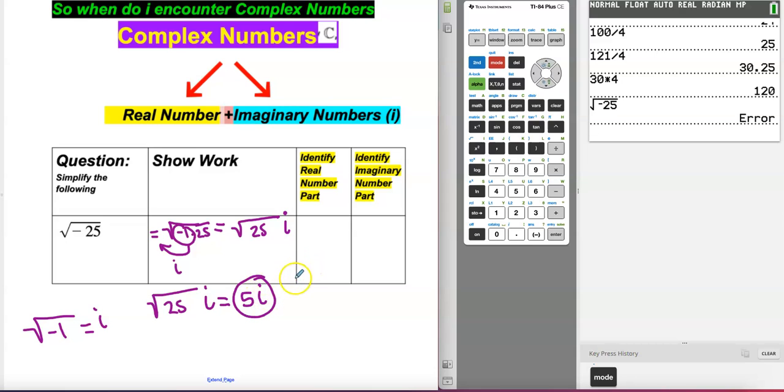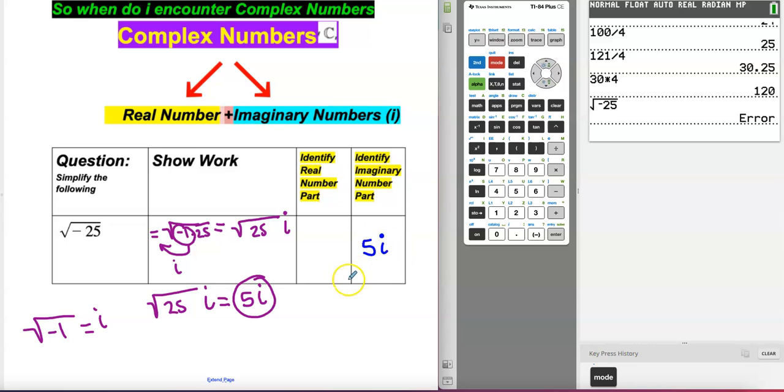Now, the question is, okay, knowing that I get 5i, I'm looking for what is my real number and what is my imaginary number. Some of you guys might want to say the real number is 5 and the imaginary number is i, but that's not the case, because if i is attached to a number, then that would be considered the imaginary part.